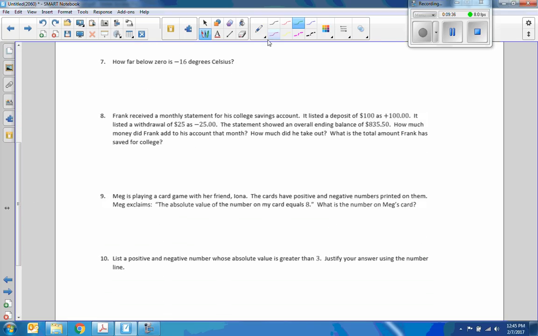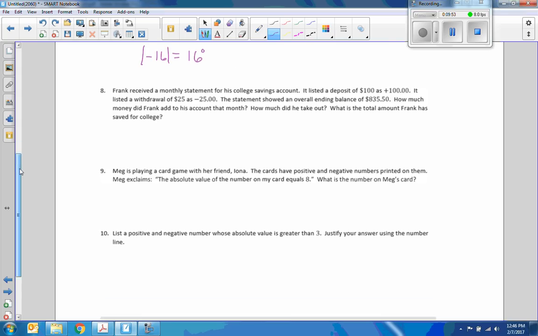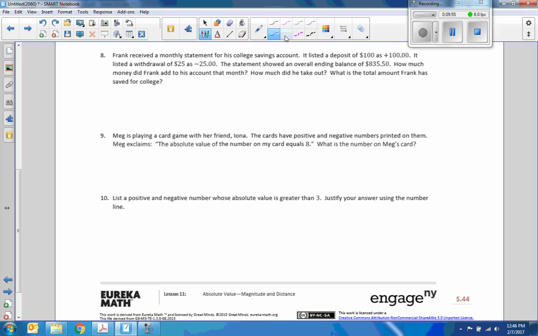Okay. How far below zero is negative 16 degrees Celsius? So the absolute value of negative 16 equals 16. So it is 16 degrees below zero. How far below zero? 16 degrees below zero. Okay, these are pretty simple. Yes, hopefully you find ease with this.